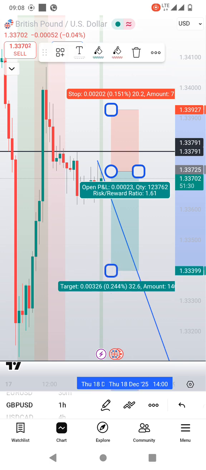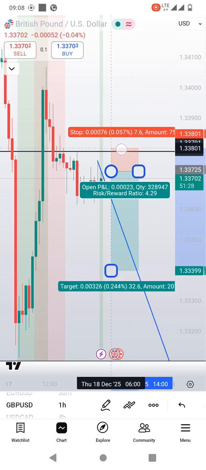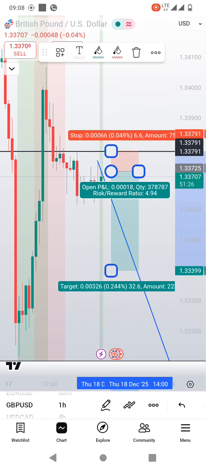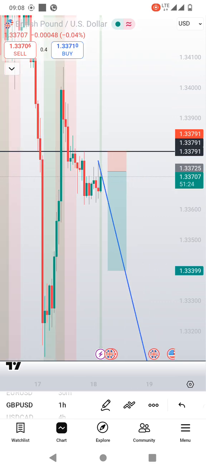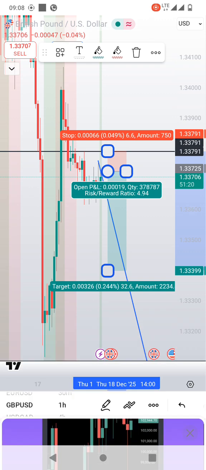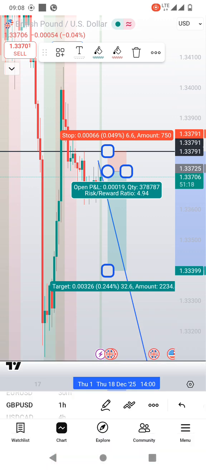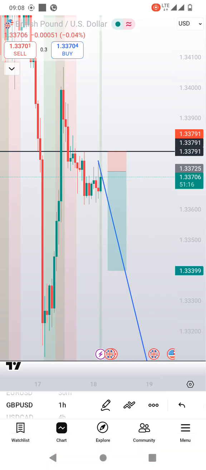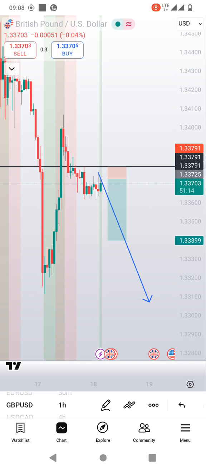I'll be expecting a drop down here. So this is a 4.94 ratio. This is a very nice amount of pips that you'll be covering today for the GBP USD.